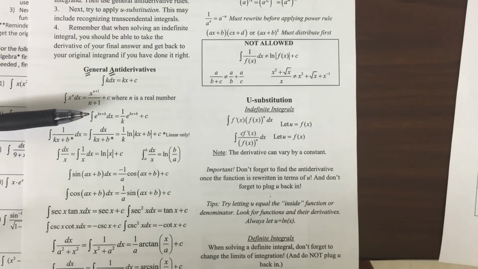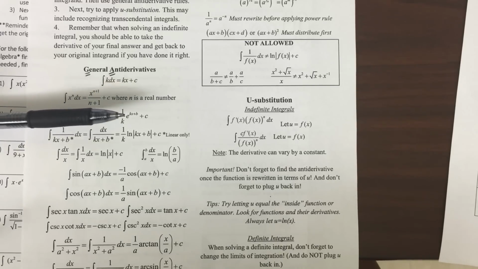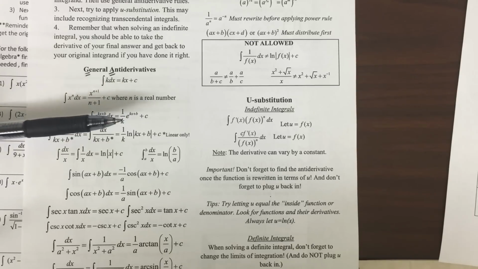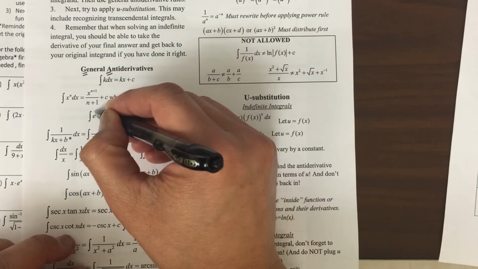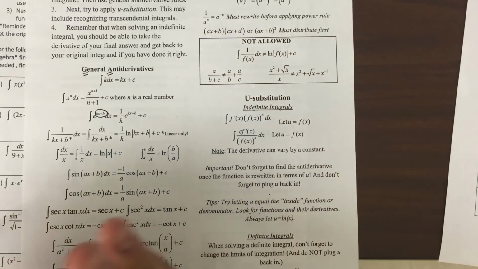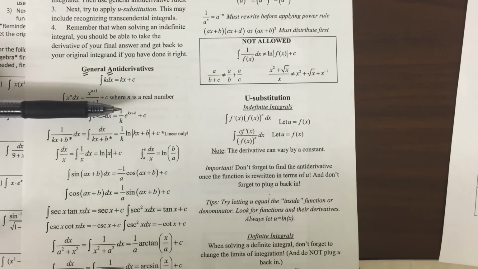Here is the antiderivative of e raised to a power. When you have e raised to a power, you keep the integrand as the antiderivative, but you also multiply it by 1 over the derivative of whatever the power is. So if you look carefully, the derivative is k, and that's why we have 1 over k.